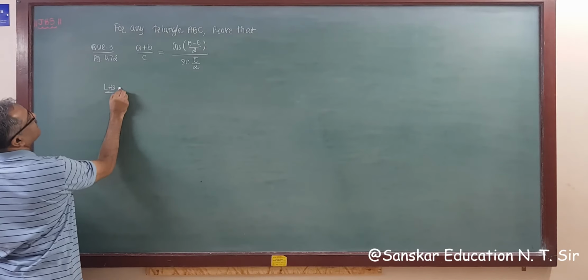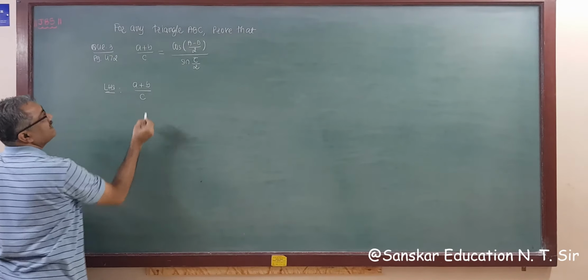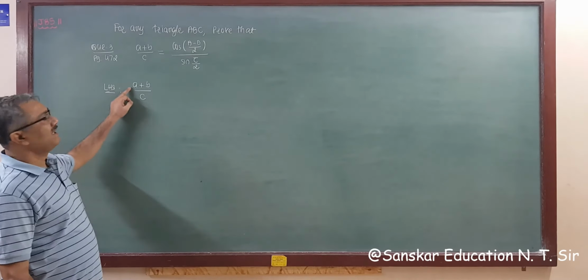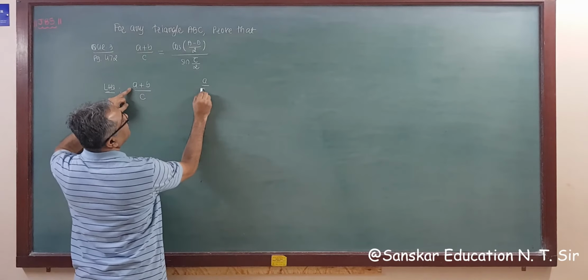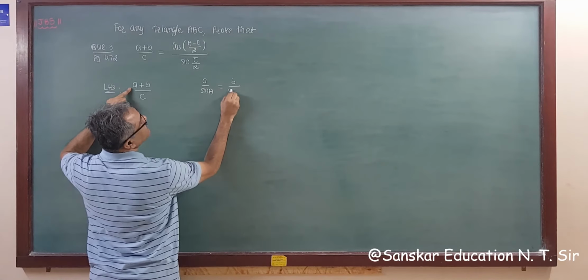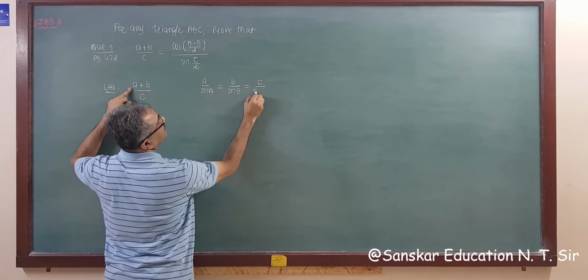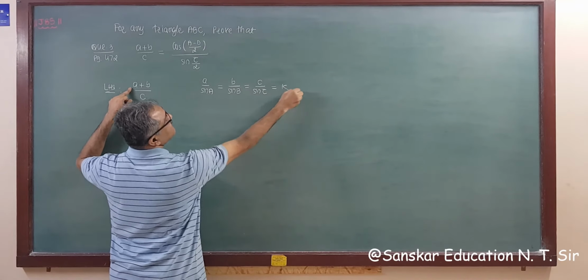So left hand side is (a plus b) by c, and you know the sine formula: a upon sin A is equal to b upon sin B is equal to c upon sin capital C, we say this is k.